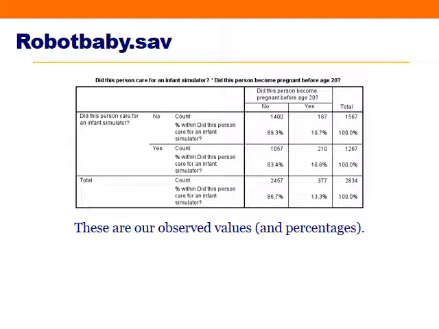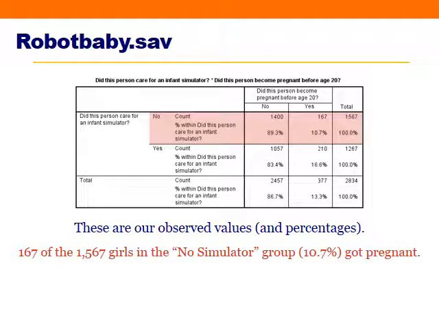The first table that pops up in our output simply gives us the descriptive statistics for our sample. This looks very similar to the tables that we worked with in class on Monday. As you can see in that top row, there were a total of 1,567 girls in this study who did not care for an infant simulator.